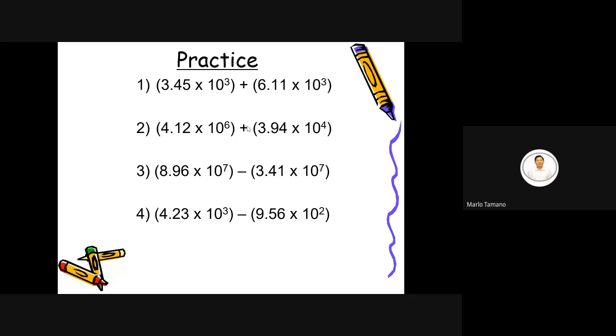Yung smaller number na lang po ang gagalawin natin. Pataasin natin yung exponent niya na 2. So, move the decimal point to the left. One place lang po, to the left. 4.23 minus 0.956.